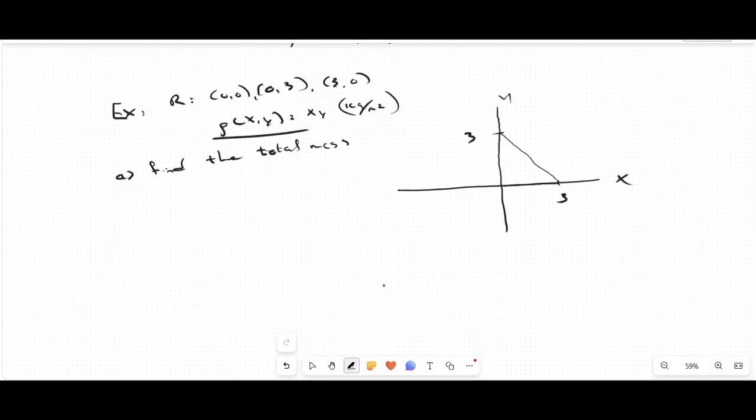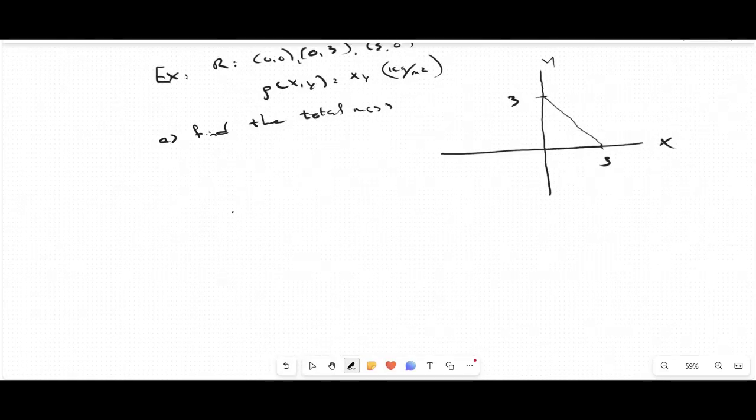I simply want to integrate the density over this shape. It's symmetric, so you can do it as a type 1 or a type 2 integral. I'll take x from 0 to 3, y from 0 to 3 minus x. The density is xy, and then that's dy dx.